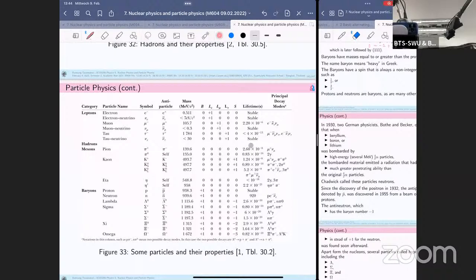Very quick. Pion has also very quick lifetime, and we don't need to talk about the big nucleons like lambda, sigma, psi, omega hyperon. They will decay very quickly, or even eta will decay in 10 to negative 21. Okay, extremely quick. All right.